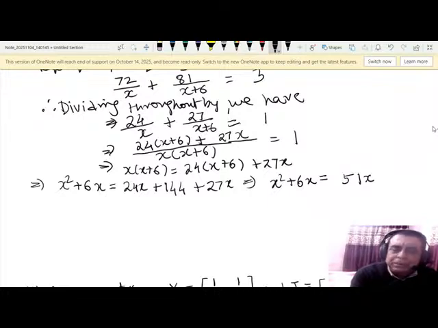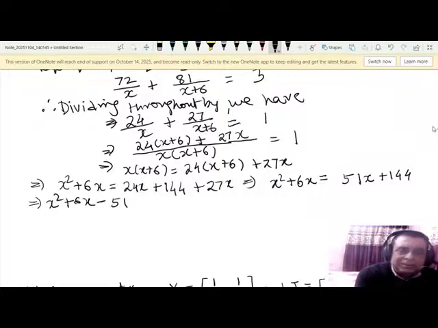So 51x plus 144. Now bring all the terms to the left. So this becomes x squared plus 6x minus 51x. When plus 51x comes to the left, it becomes minus 51x, minus 144, equal to 0.